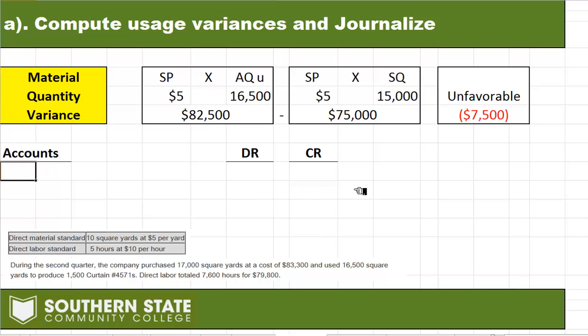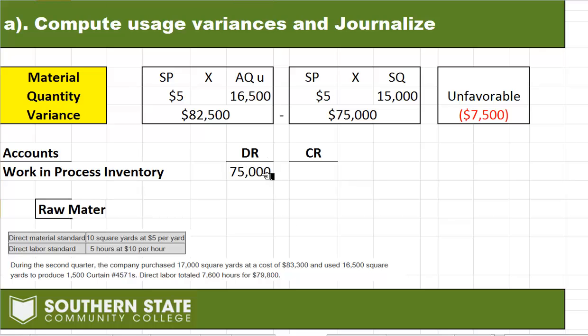So again, the journal entry, if we were going to journalize that, the numbers are all right there that we need. We'll debit work in process inventory. That represents the standard amount that got put into production. We'll credit raw material inventory, and that represents the actual amount of raw material that got placed into production.